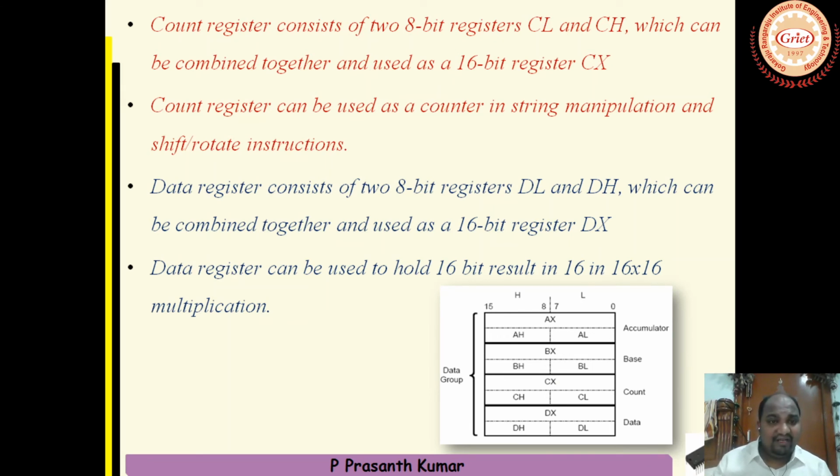All the general registers can be used as a 16-bit register or two 8-bit registers, that is AL and AH for accumulator register, BL and BH for base register, CL and CH for the count register, and DL and DH for the data register. Or they can also be used as 16-bit registers AX, BX, CX, and DX.